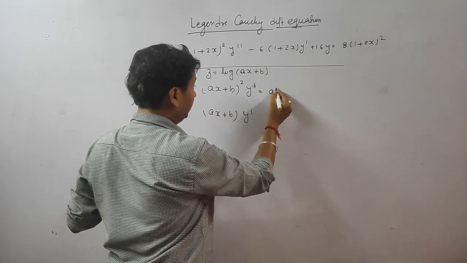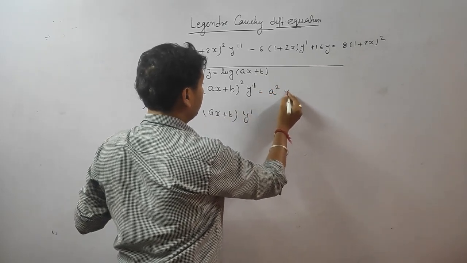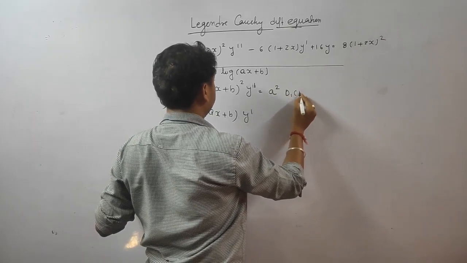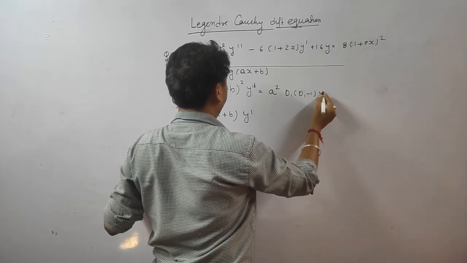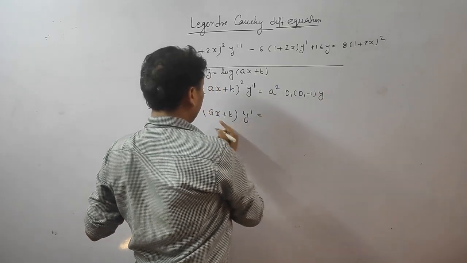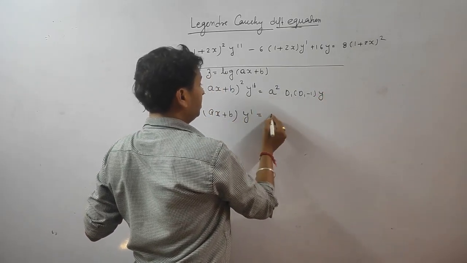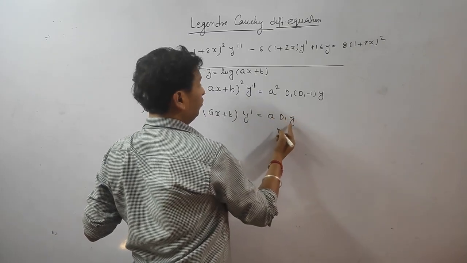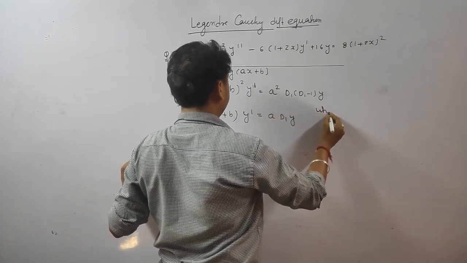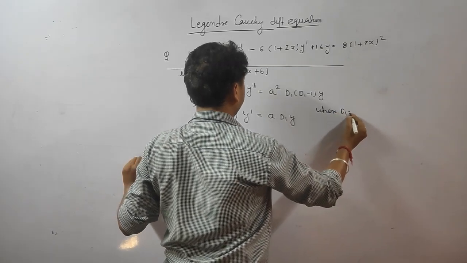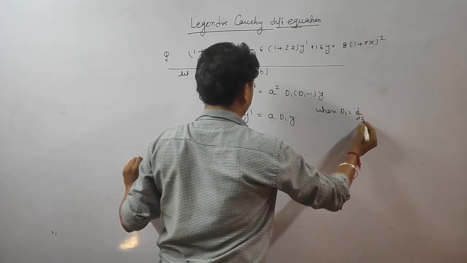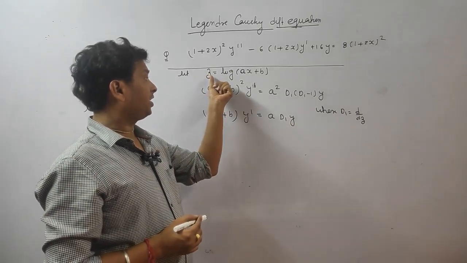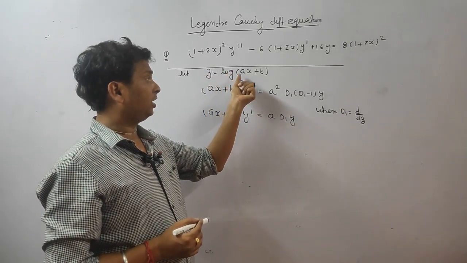Then (ax plus b) whole squared y double dash is nothing but a squared D1 (D1 minus 1) y. What is (ax plus b) y dash? This is nothing but a D1 y, where D1 means d by dz. Here z we converted in terms of log.